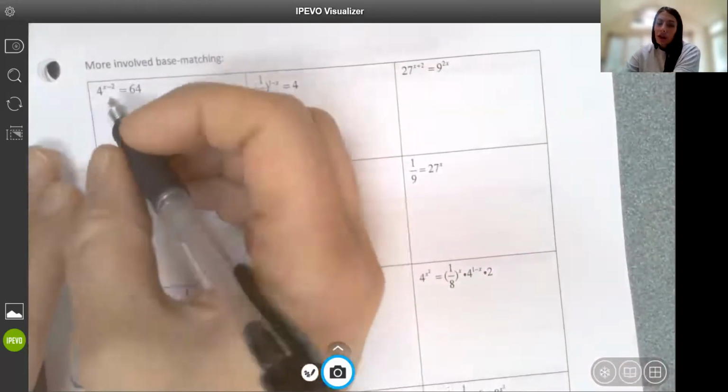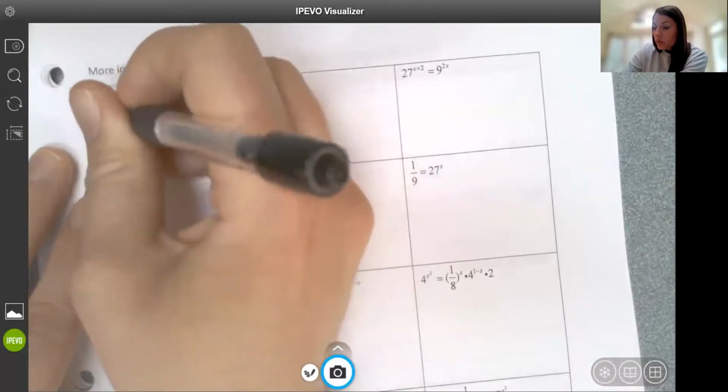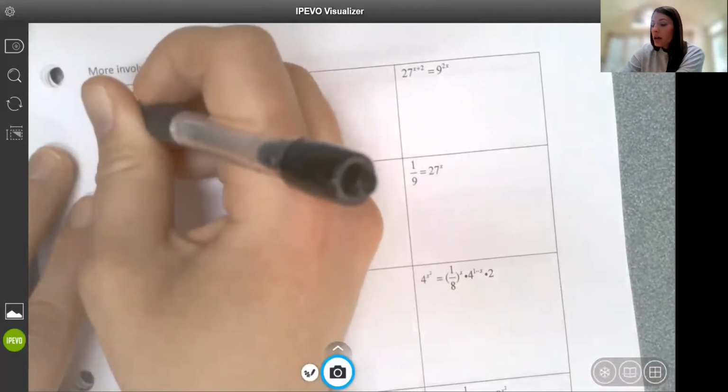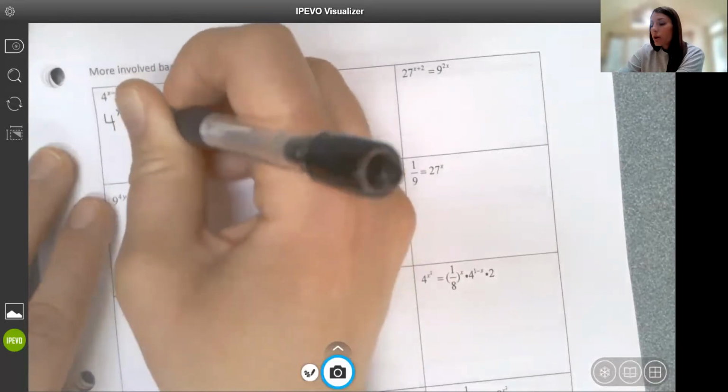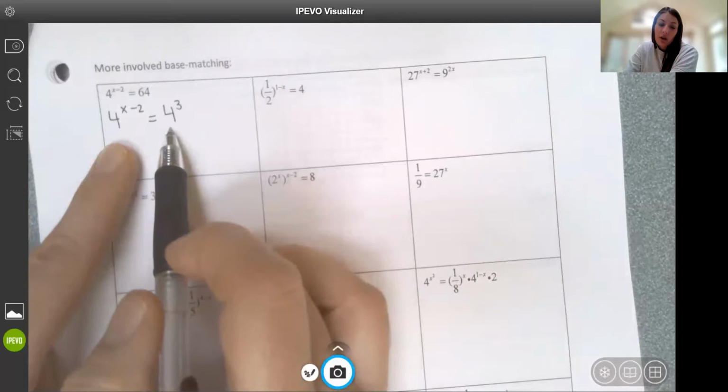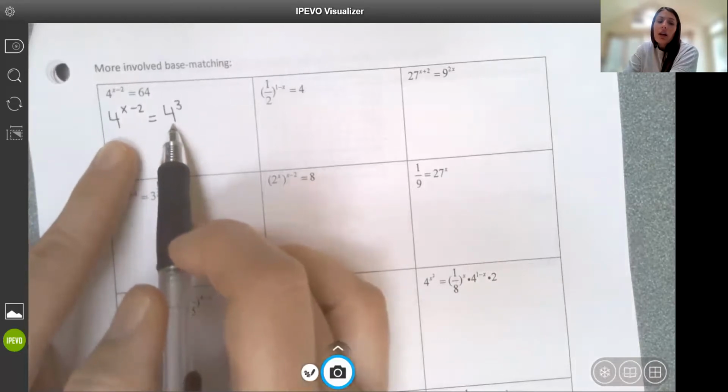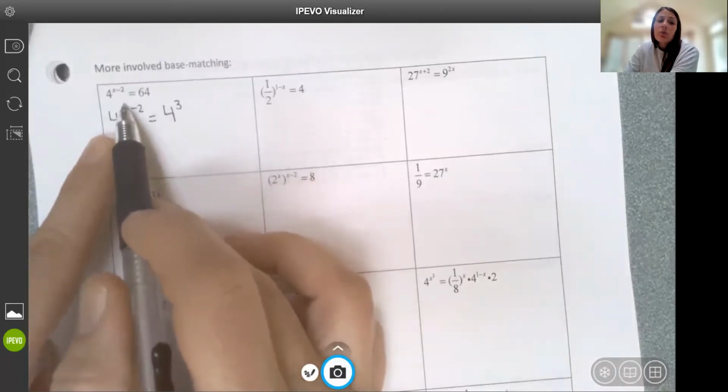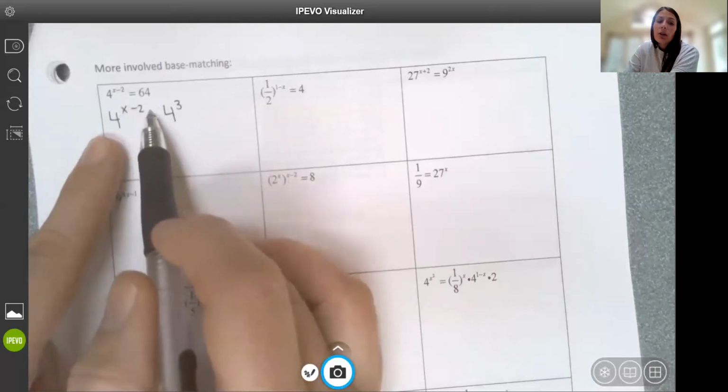But I don't really want to rewrite this one if I don't have to. So I'll leave this as 4 to the x minus 2, and 64 is 4 cubed. So same idea, right? We rewrote it, so we have our bases matching here. Now the difference is that I have an expression in my exponent.